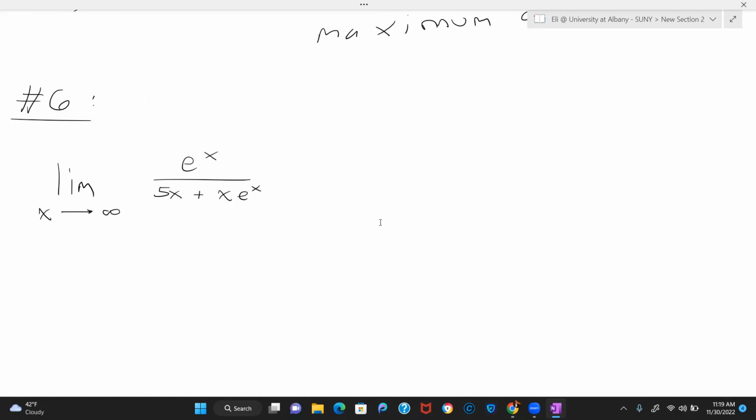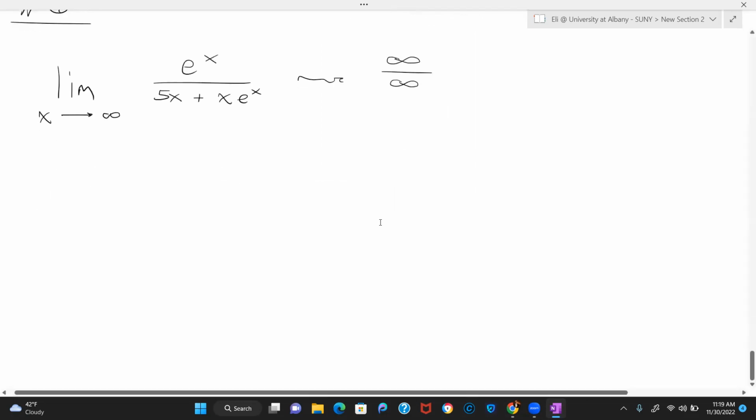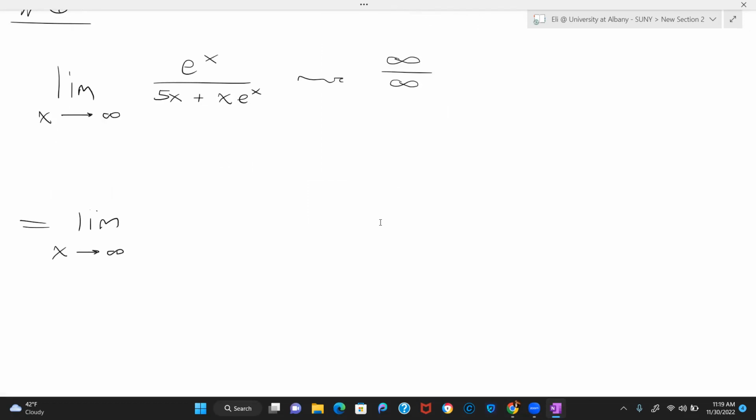First of all, if you just let x go to infinity and you look at the numerator and denominator separately, you see that you get the indeterminate form of infinity over infinity. So L'Hopital's rule does apply, so you can use it, and you do that by differentiating the numerator and the denominator separately.